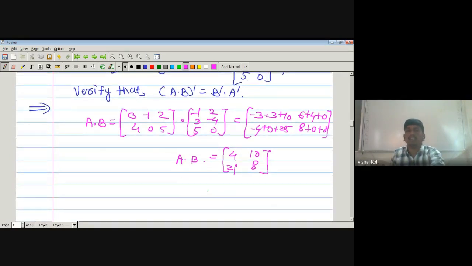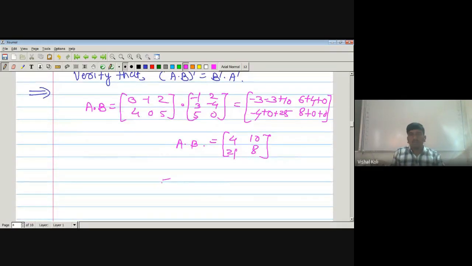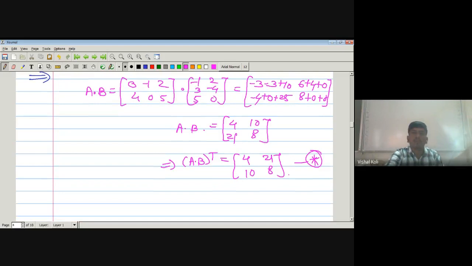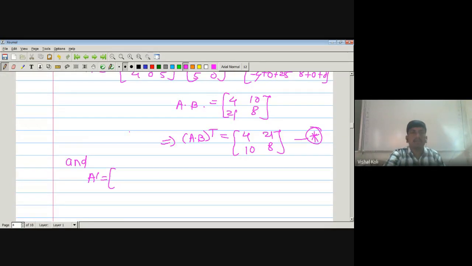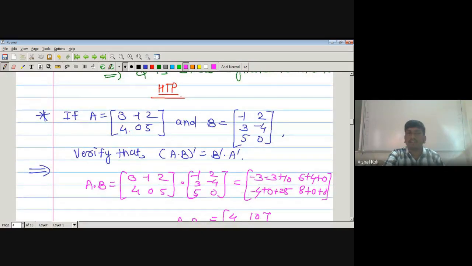Now we have to take its transpose, which implies (A into B) transpose is nothing but we have to make the rows as columns and columns as rows. Therefore first row will be first column and second row will be second column. Okay, let us take this one as a star. Now we have to find out the values of A transpose and B transpose. A transpose: A is nothing but 3 minus 1 2 in first row and 4 0 5 in second row.